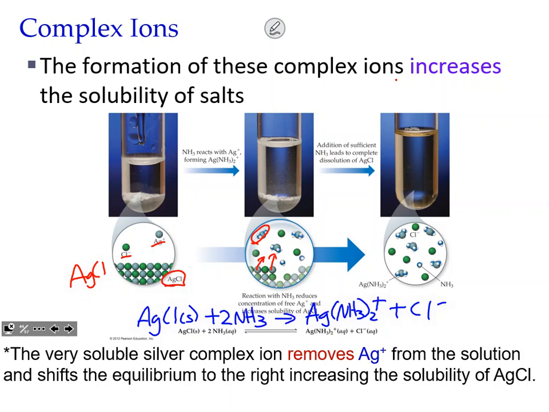And therefore, you end up with the complex ion. You have some ammonia and then you have some chloride, in that particular case, because there's excess ammonia in there. So the very soluble silver complex ion removes the silver ion from solution and shifts equilibrium to the right. Therefore, it's going to increase the overall solubility of our silver chloride salt. So complex ion formation increases the solubility of an insoluble salt.